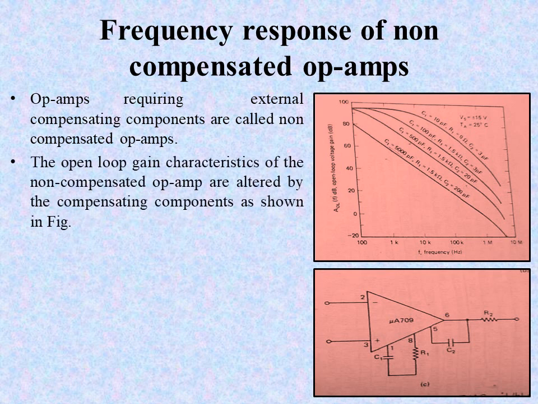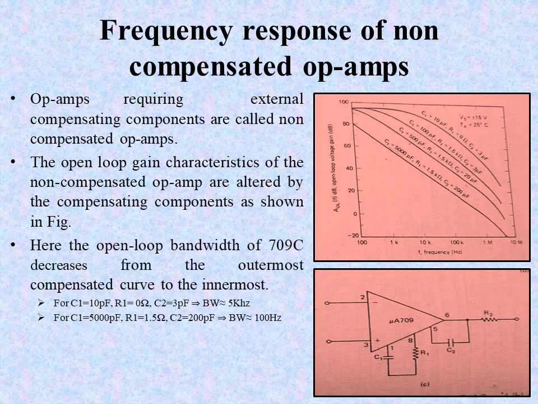The open loop gain characteristics of the non-compensated op-amps are altered by the compensating components as shown in the figure. Now from the graph we can see that the open loop bandwidth of 709 decreases from the outermost compensated curve to the innermost.